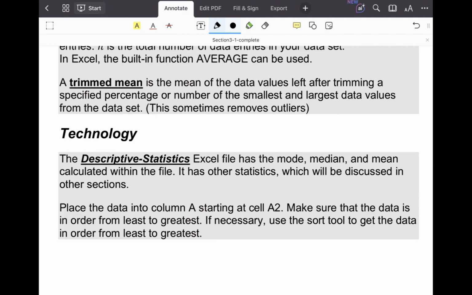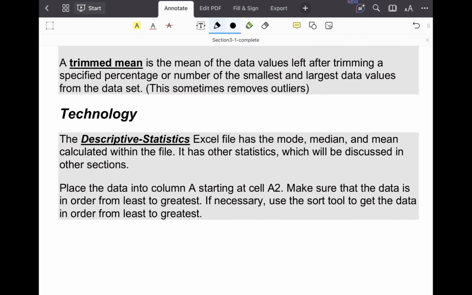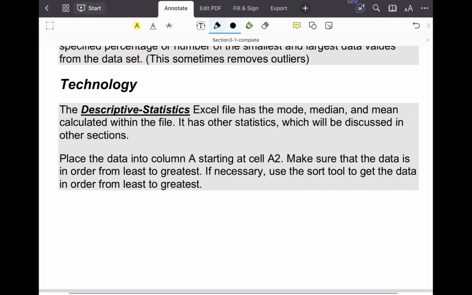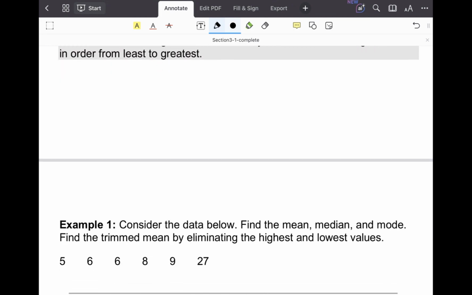But it's a file that we're going to use pretty much in this course, so you have to get used to it. One thing with this file is that the data needs to be in order from least to greatest, and I'll show you that when we're using the file. There's one thing that you can check to make sure that it's in order from least to greatest. If it's not in order from least to greatest, it's not going to function correctly for all of the measures. Some of them will work right, but some of them won't work correctly.